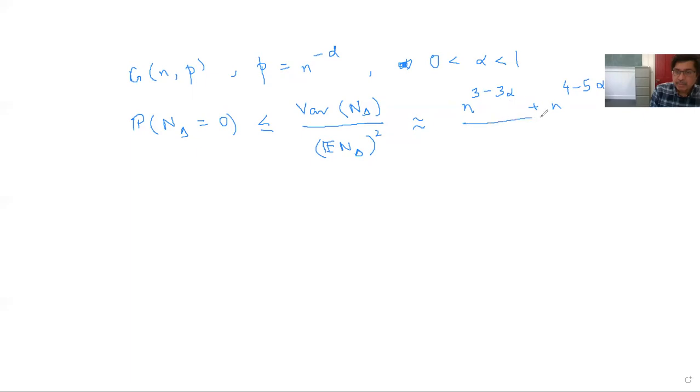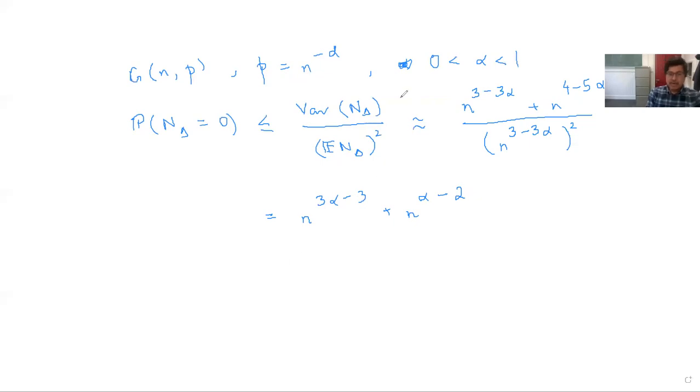And then we have to divide by the mean, which was n to the 3 minus 3 alpha, whole squared. Okay, and so if you do the calculations, this is n to the 6 minus 6 alpha in the denominator. So going up into the numerator, this becomes n to the 3 alpha minus 3 plus n to the, so 6 alpha minus 5 alpha gives us alpha, minus 2. 4 minus 6 gives us 2.